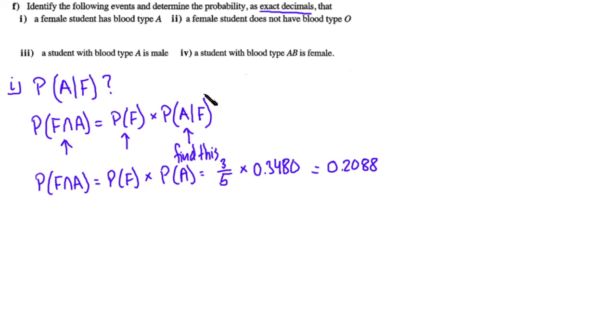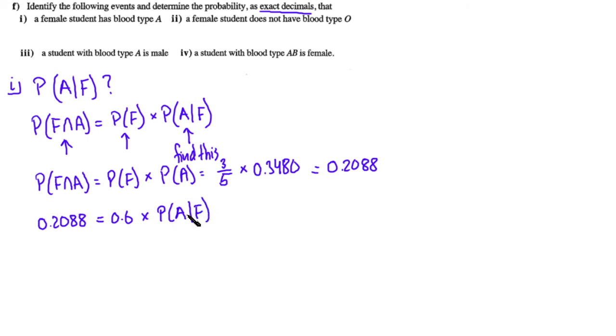Okay. So now if we look at this expression here, we know this probability, we know this probability, so now we can solve it for the probability of blood type A given female. Okay. So we just plug in the numbers that we have. So 0.2088, that's your left hand side. The probability of a student being female is 3/5. We can actually convert that to decimal form since we're working in decimals here. So it's going to be 0.6 times the probability of blood type A given female.